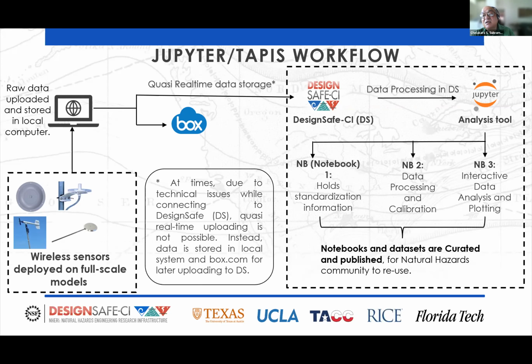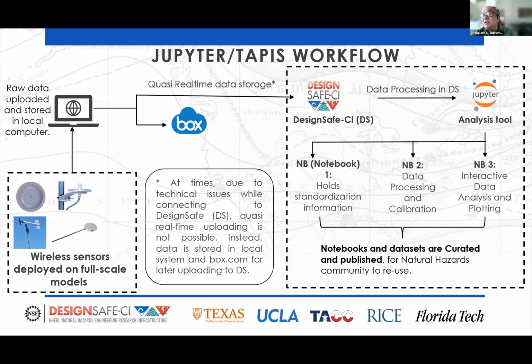And the second notebook does the further data processing and calibration. For each sensor, we have a separate calibration file, which is incorporated in the notebook Python program, and that converts the digital data into physical data, depending on the calibration constants. And the third one is processing.